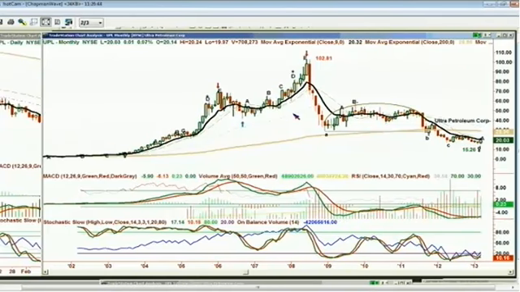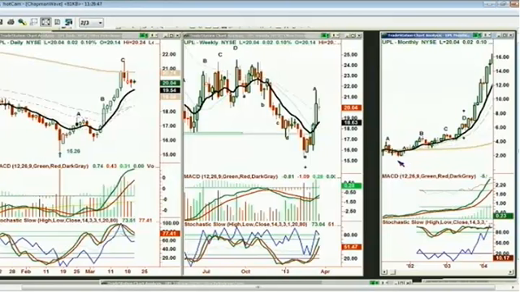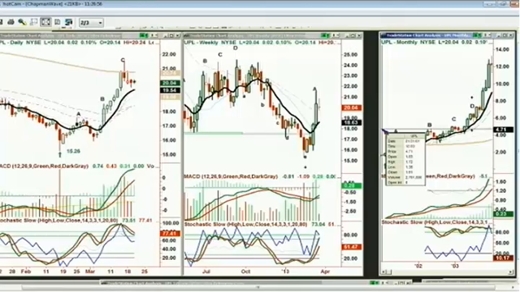This is a great chart to demonstrate the Chapman Wave from the low bar that it made from its IPO back in January of 2001. Folks, we're looking at Ultra Petroleum Corp. It's trading now at 20.04, up 2 cents.